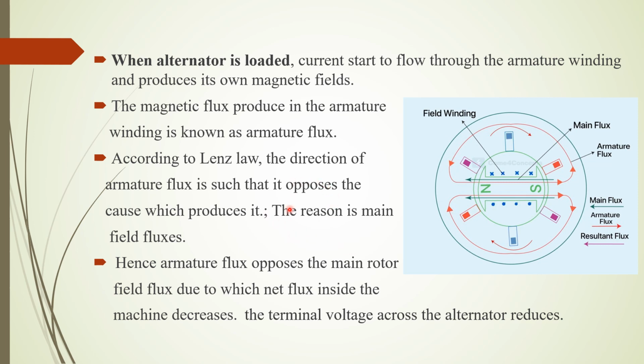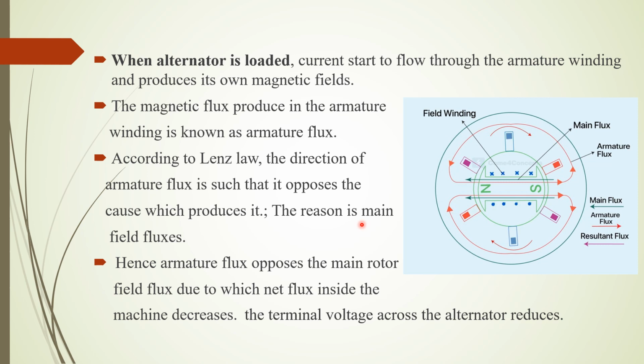Here the cause of production of armature flux in the machine is nothing but the main flux. Armature flux is generated only when the machine is loaded. So the armature flux will try to oppose the cause of producing it, that is the main field. The armature flux opposes the main field flux. That is exactly armature reaction.